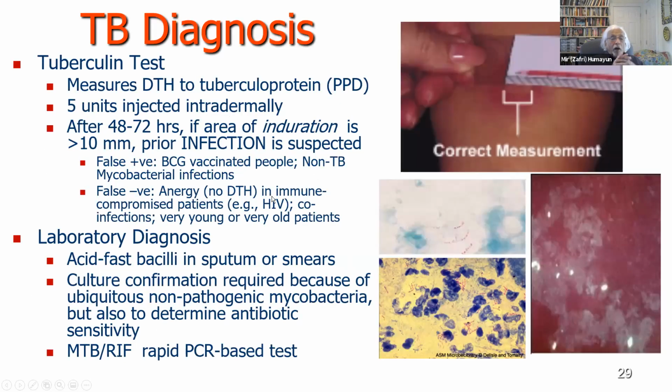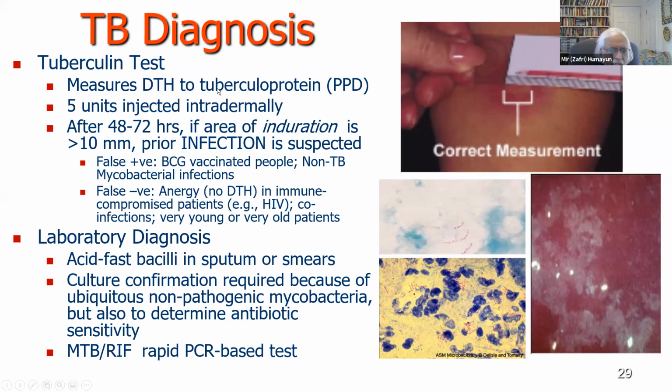All right. How do you diagnose TB? Diagnosing TB today, the initial diagnosis is made by checking the response to the so-called tuberculin test. What is the tuberculin test? The tuberculin test basically measures delayed type hypersensitivity to a challenge by a protein preparation prepared from MTB cultures. Okay?